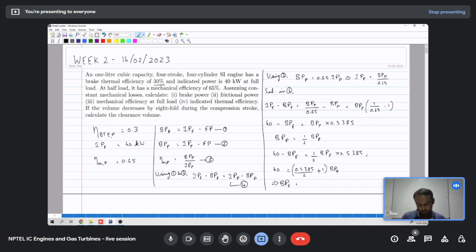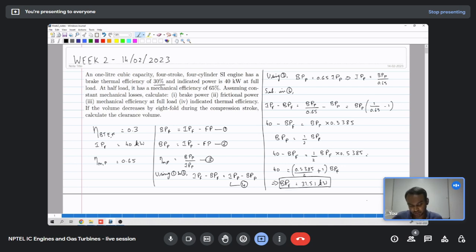Can someone solve this? So we have 31.51 kilowatt. So this is the brake power at full load.